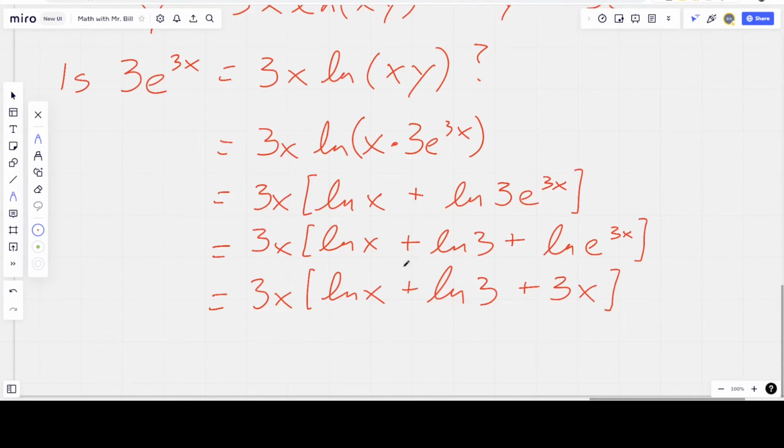At this point you can tell that these don't work. You can even just show that a point wouldn't work.